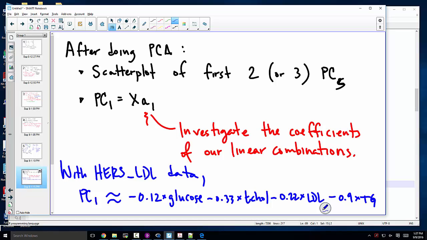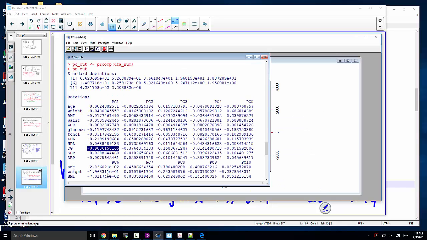The women can be separated in terms of these four biomarkers, and there's a continuous separation. Some women have low glucose. They tend to also have low total cholesterol, low LDL, and low TG. Other women have the opposite. And everywhere in between, there's a continuous spectrum. That's principal component 1. Now let's look at principal component 2.